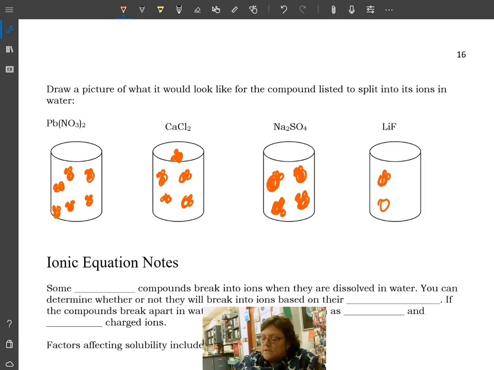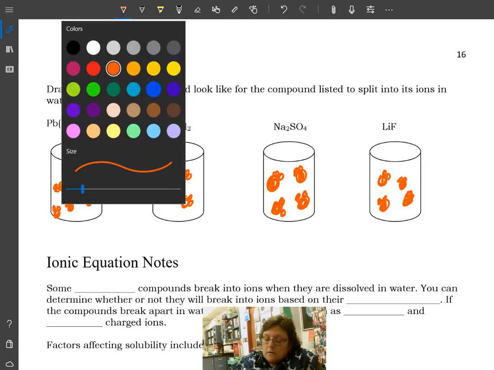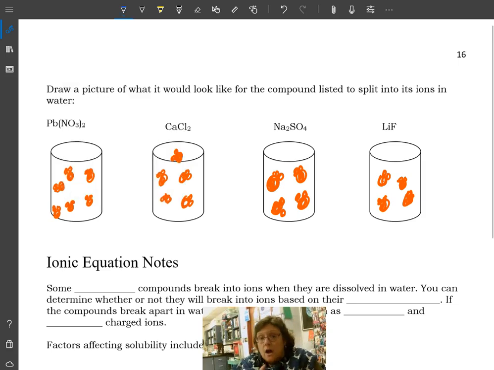So when you put something that will dissociate into water, the water molecules essentially pull it apart if they're strong enough. Not all things will dissolve easily in water, as we will soon see.